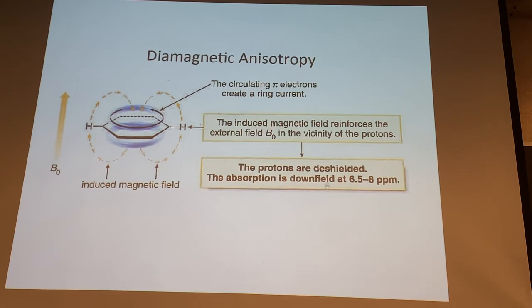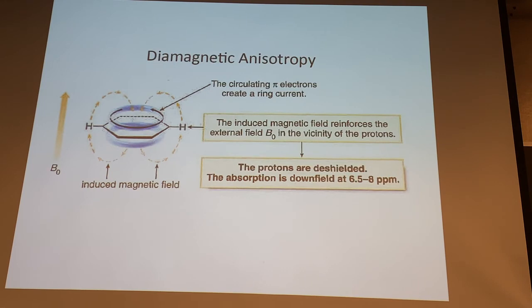And this is because we have this circulating ring current. We'll have to look at the models tomorrow and go through this carefully, but if you have a ring of electrons in a pi bond or an aromatic group here, you have all these p orbitals full of these pi bond electrons, right? Well, they can create their own little electrical field.